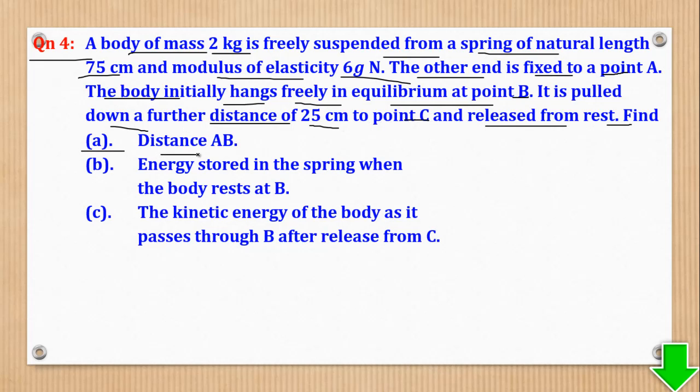Find, part A, the distance AB; part B, the energy stored in the spring when the body rests at B; part C, the kinetic energy of the body as it passes through B after release from C.